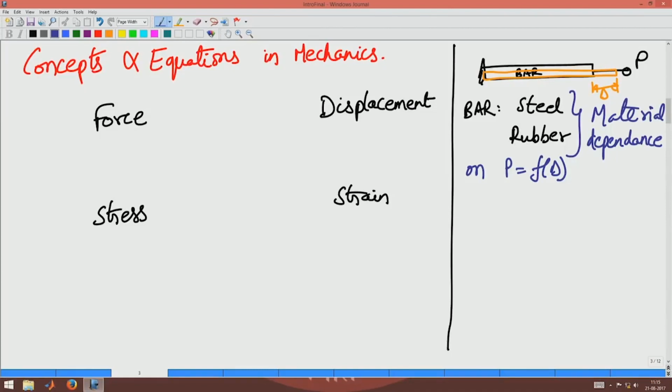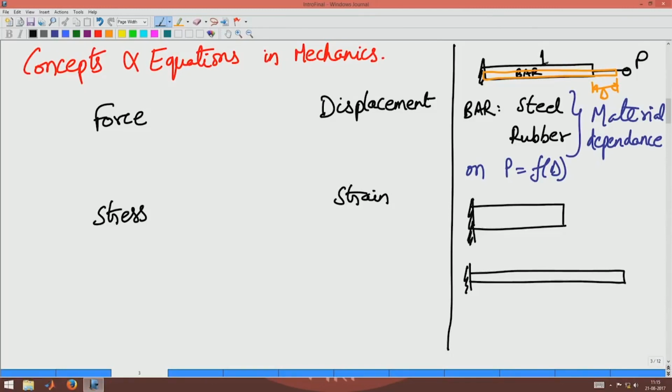Next, let us say I have 2 bars, one bar is thicker than the other one, and I have another bar which is longer than bar 1. Let us say this is bar 1, this is bar 2 and this is bar 3.